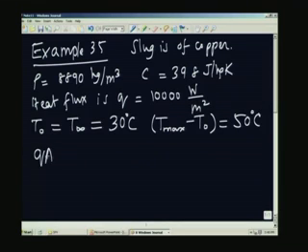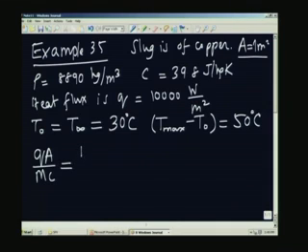QA by MC, of course A is not mentioned in the problem, so we can calculate based on A equal to 1 square meter. In actual practice A will be a very small quantity, and anyway it does not come into the picture at all. So, what we require is QA by MC. If I put A equal to 1 meter squared, everywhere it will be A equal to 1.